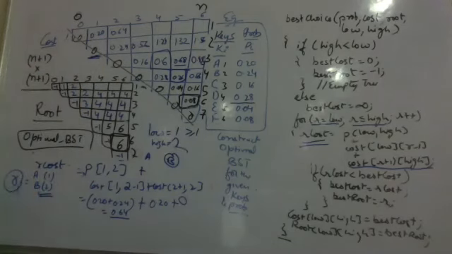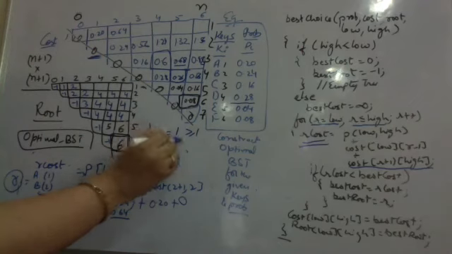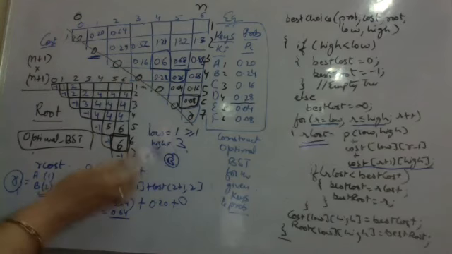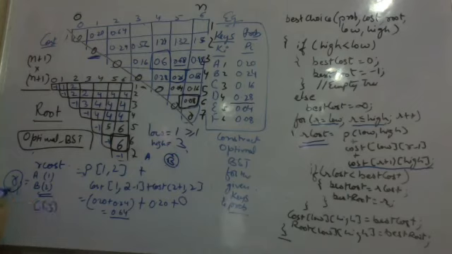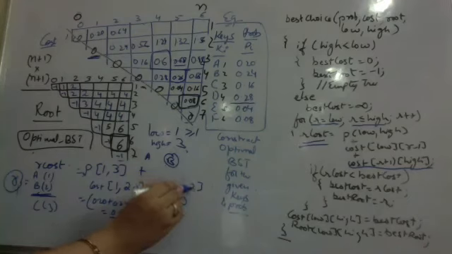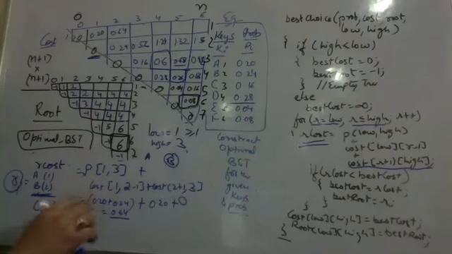So out of A or B, B is the root. Now when I am increasing the value of high and calculating for A, B, C, B is the root of A also, and B is the root of C also. I already know this. So the root can be 1, 2, 3, but I am again going only for 2. Calculating for 1 to 3, the probability will increase to 0.20 plus 0.24 plus 0.16.